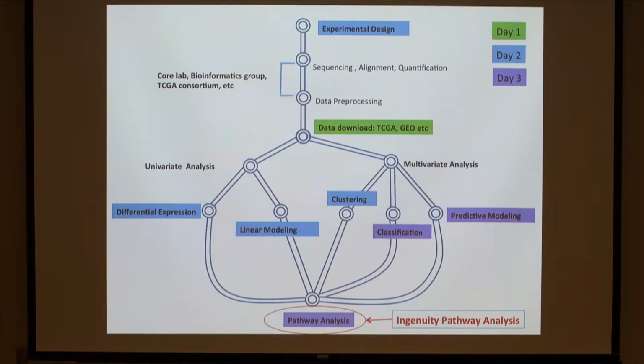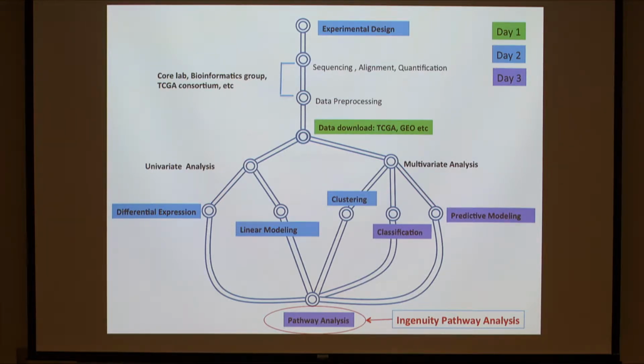Okay, this is a summary of what we had for this workshop. In day 2 yesterday, Dr. Fernandez gave a lecture about how to design the experiment for the RNA-seq experiment. Once you send your samples to the core lab, they sequence your sample and do alignment and quantification.